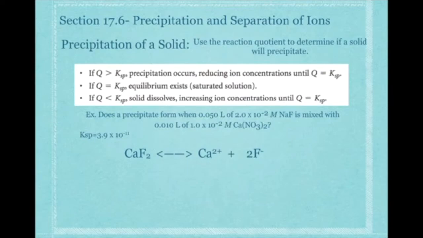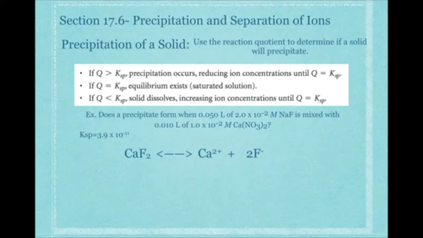I need to take sodium fluoride's concentration and multiply it by its volume. That way I get the number of moles. Once I have the number of moles, I can divide by the total volume, which will be the 0.05 liters plus the 0.010 liters, and I will get my concentration.